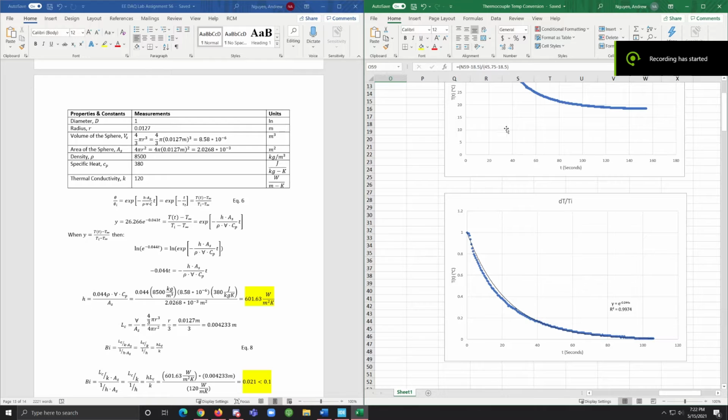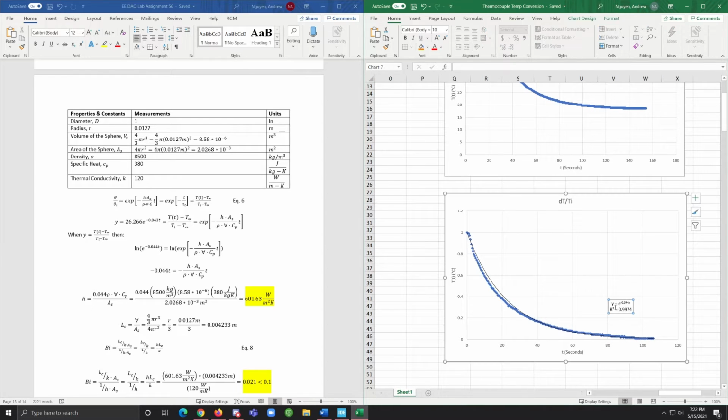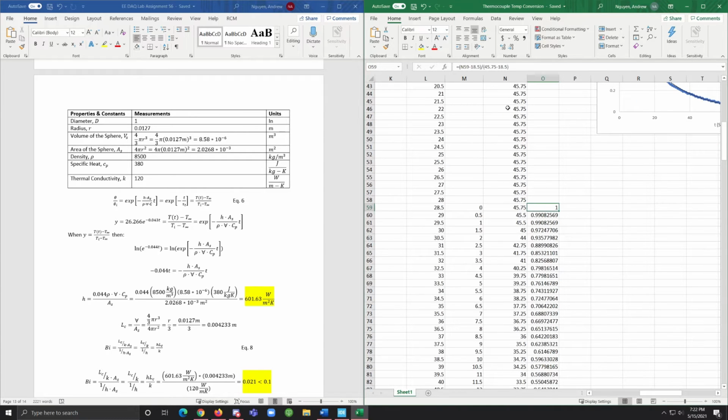We want to shift all the values down so it approaches T infinity to get an exponent on Excel, and we also want to make the y value become T as a function of time minus T infinity divided by T initial minus T infinity. So here is where I shifted it, and here's where it was all scaled down.